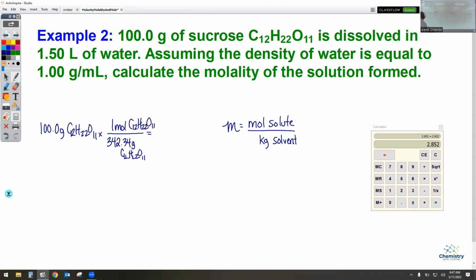So that first part, 100 divided by 342.34, gives me an answer of 0.2921. Now we can write that part up top.